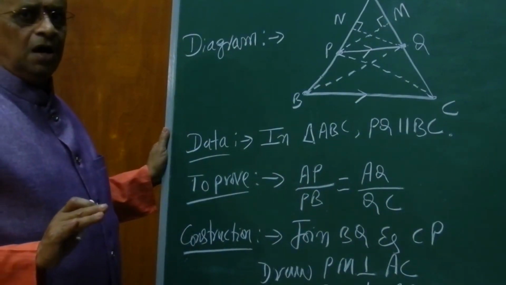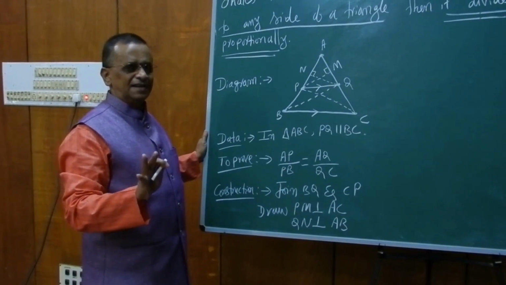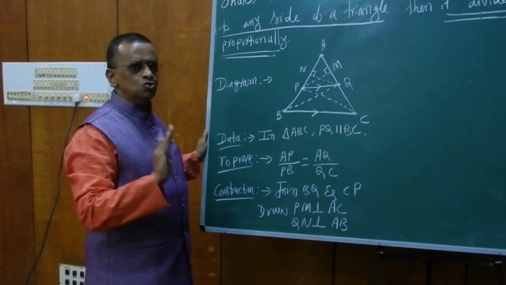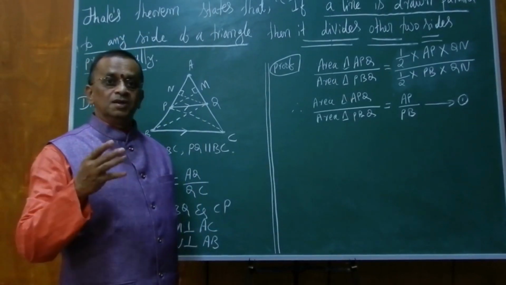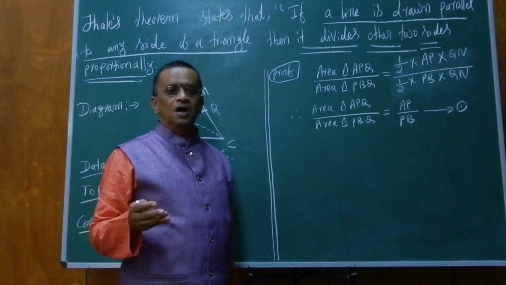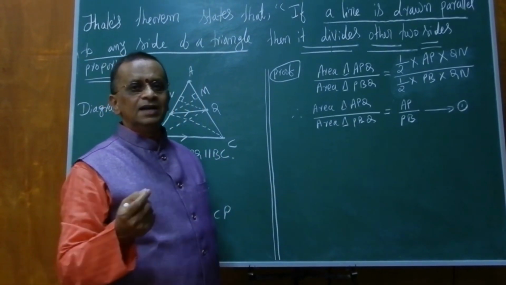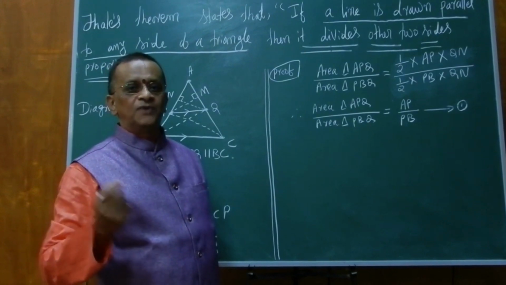The next step, and a beautiful step, is proof, that is, linking known to unknown. In the proof, see my dear students how the mathematician linked the known things to reach an unknown fact.